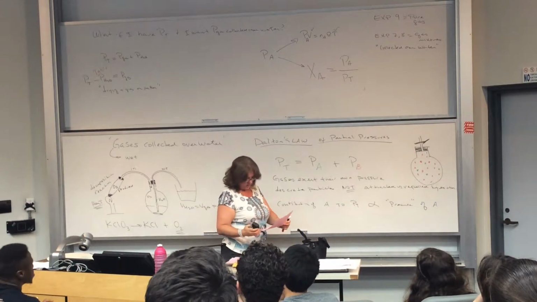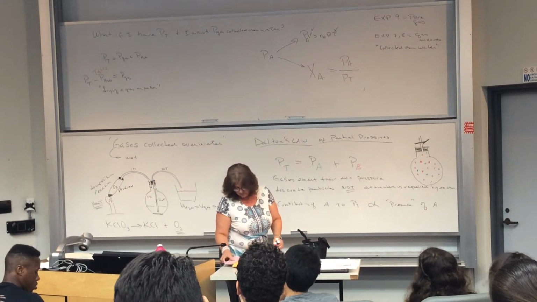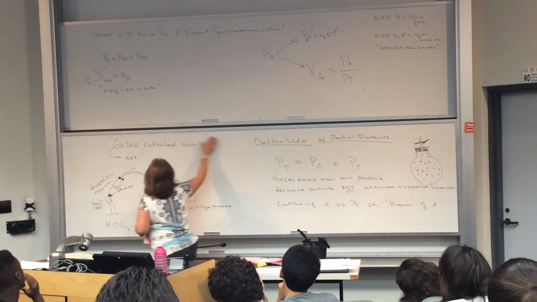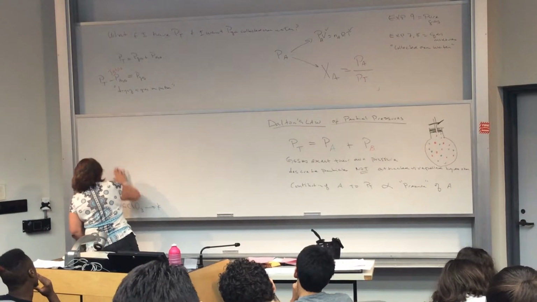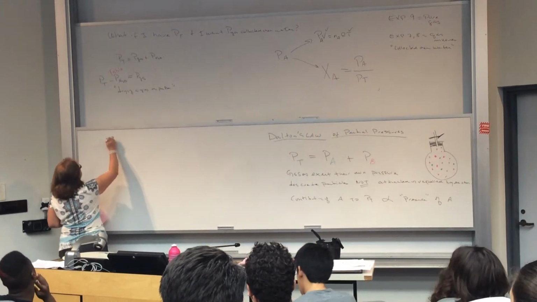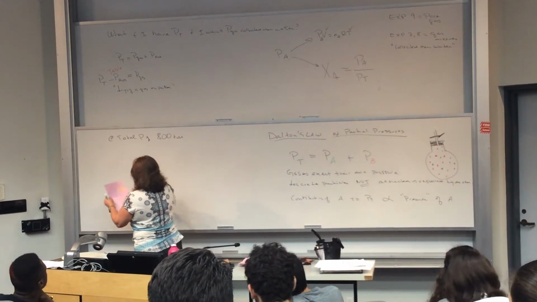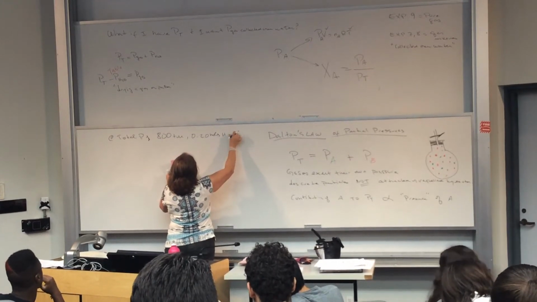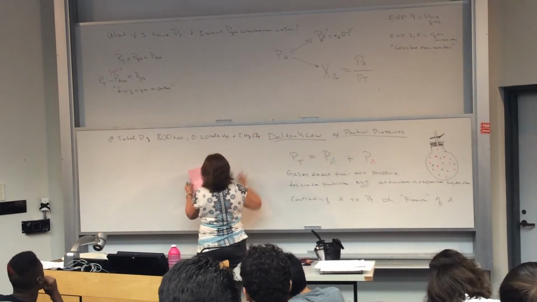So, how about this? At a total pressure of 800 torr, so P sub T is equal to 800, I have 0.20 moles of helium and 2.4 grams of methane.